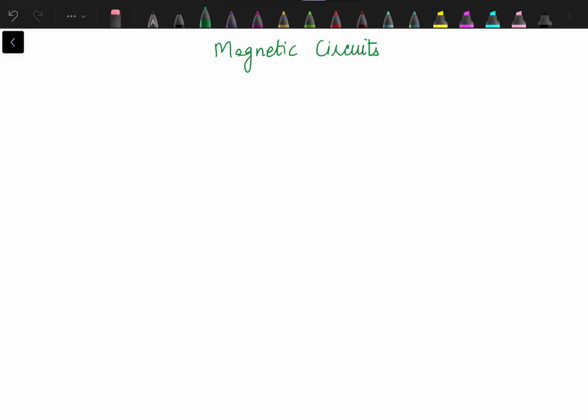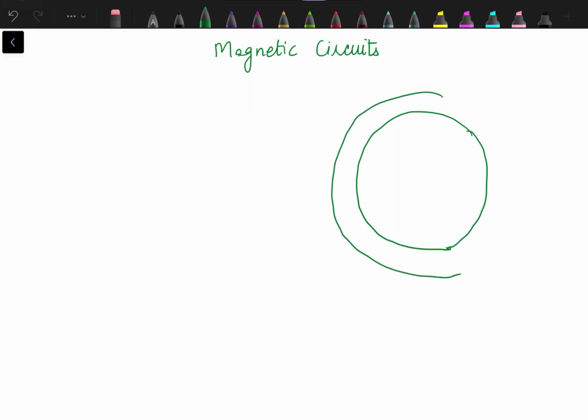In order to understand the magnetic circuit concept, I am considering a circular magnetic path. So this path is actually known as the core.